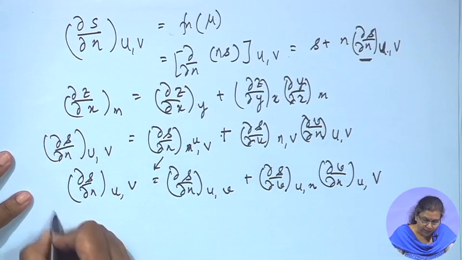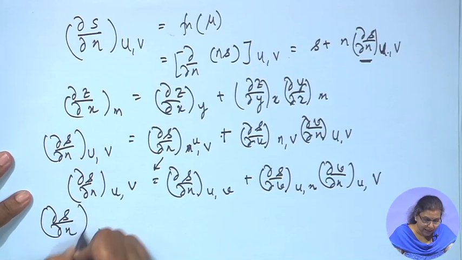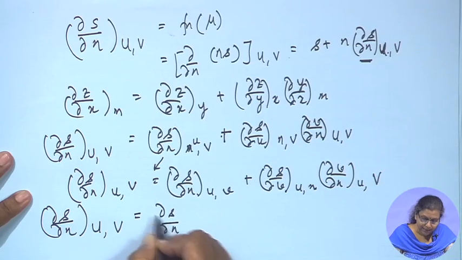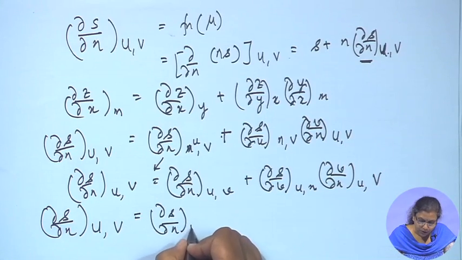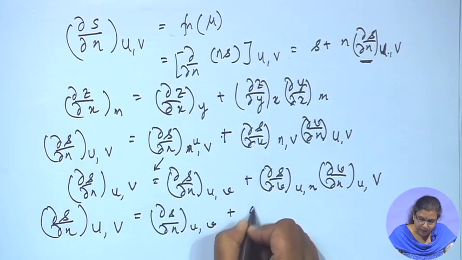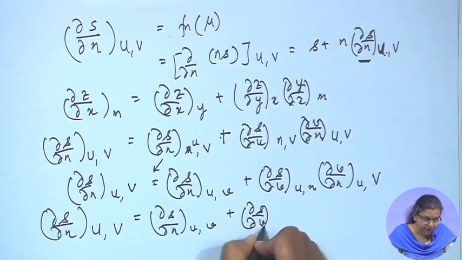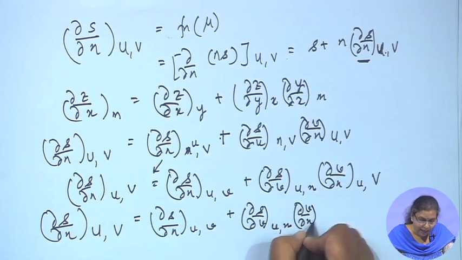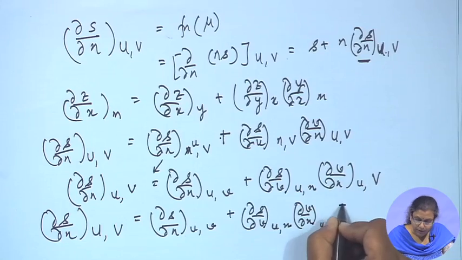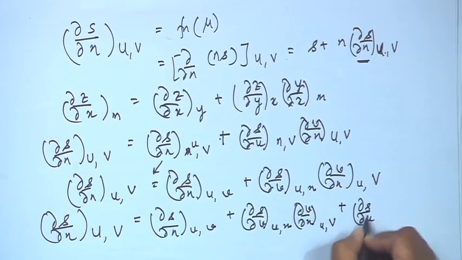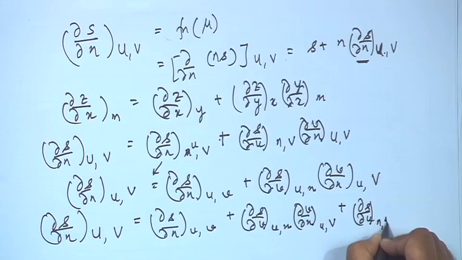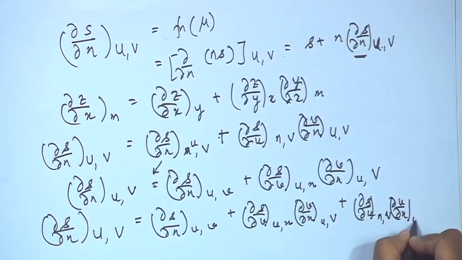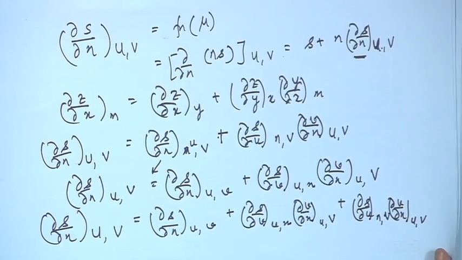Once we substitute, what do we get? We get del S del N at capital U, capital V, which is nothing but equal to del S del N at small u, small v plus del S del V at small u, small n into del V del N at U, V plus del S del U at N, V into del U del N at capital U, capital V. We can write it in this way.